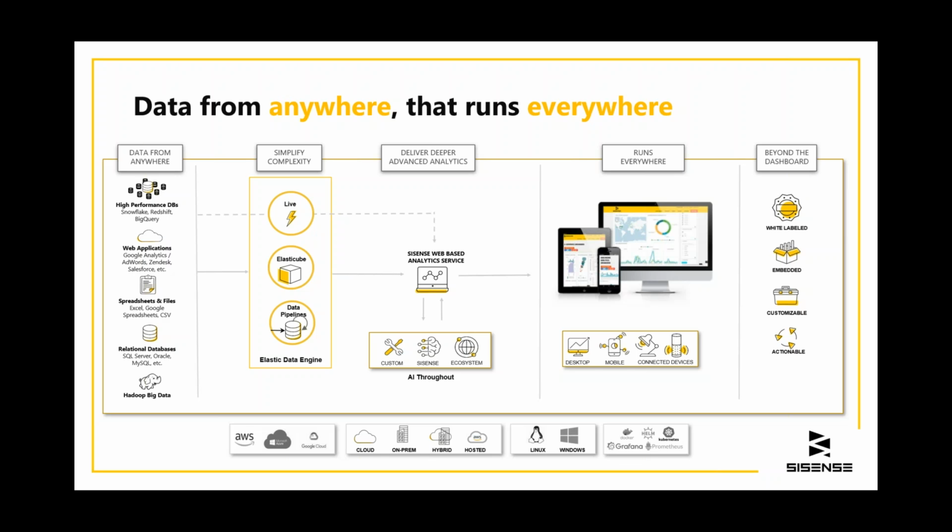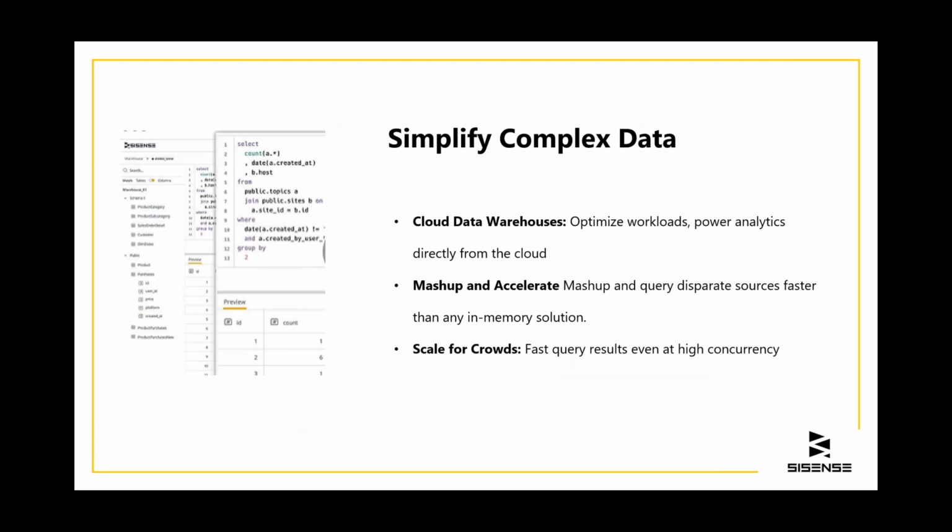It runs anywhere and can take data from anywhere, whether that's high-performance databases like Snowflake, which we're showing this afternoon, or Redshift or BigQuery, or file formats, on-premise databases or Hadoop. Sisense can read data from anywhere and build dashboards that run on any device, mobile, web, desktop, and give analysis beyond the dashboard.